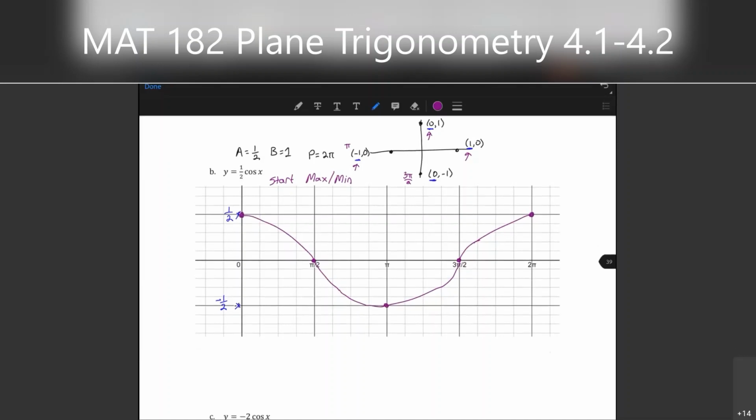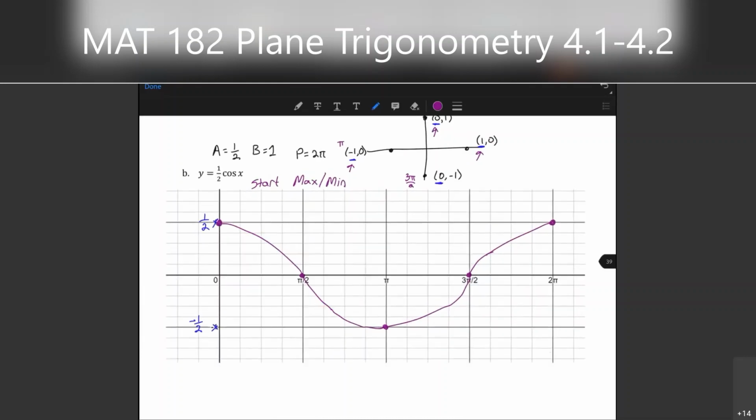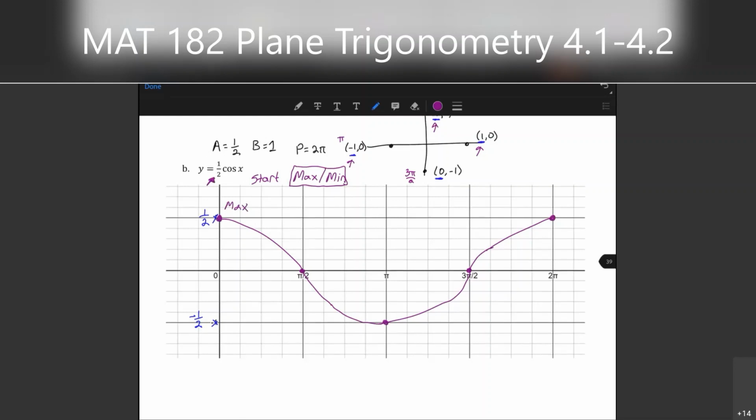All right, and I just mentioned here that it either starts at the maximum or minimum. So notice that this amplitude A is a 1/2, and that would be positive, therefore we started at our maximum. The next one, we will have a negative amplitude, and we'll see what change that makes to the graph.